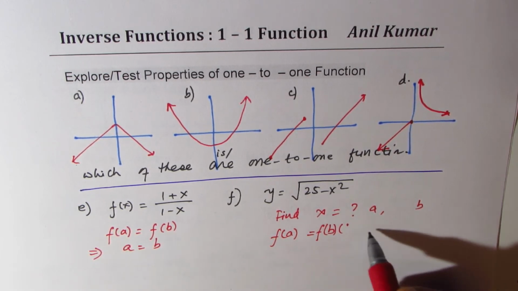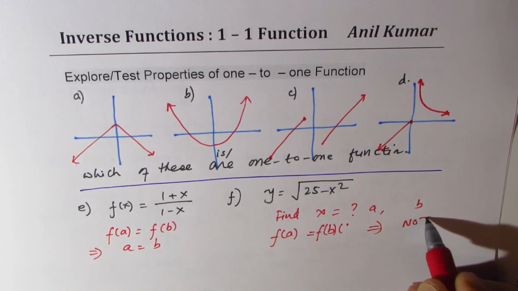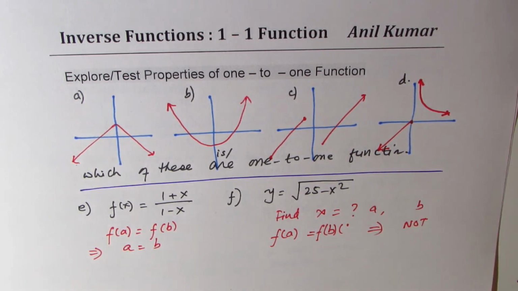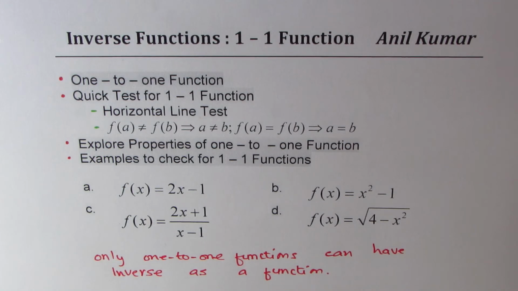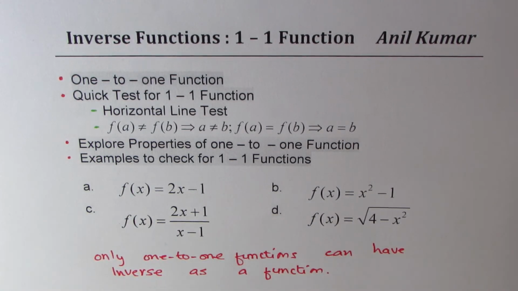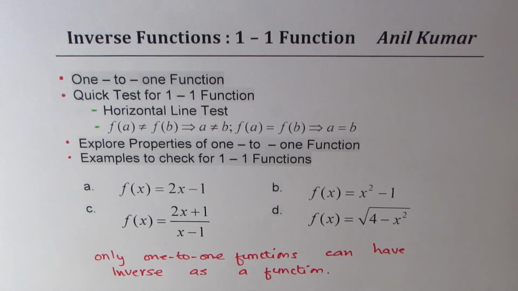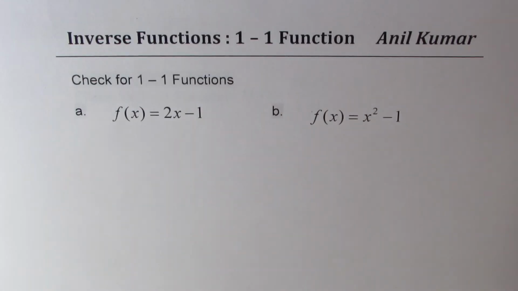In that case, you will note that this is not a 1-to-1 function. Is it okay? Now we are going to take these 4 examples and check which one of these is a 1-to-1 function. So we'll apply the algebraic method learned to prove whether it is a 1-to-1 function or not.